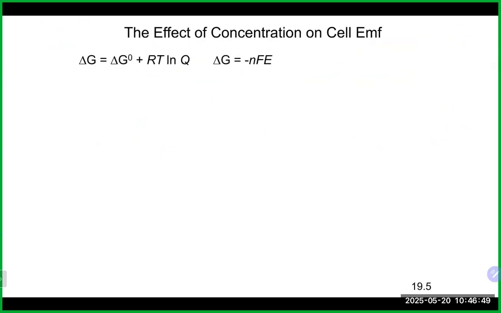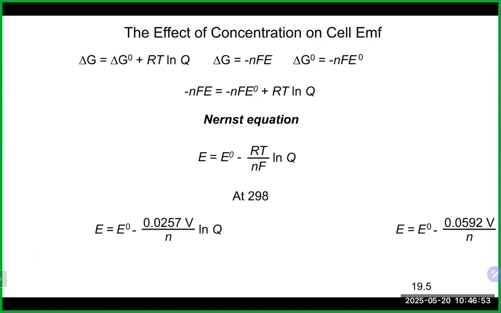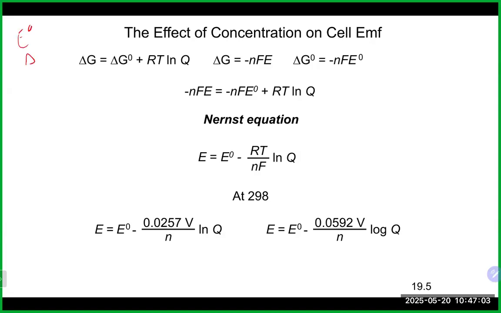So let's talk a little bit about the effect of concentration on this cell EMF. We have standard conditions, as we've been talking about. A reminder, when you see the E or the delta G with the little knot symbol, that usually means standard conditions.